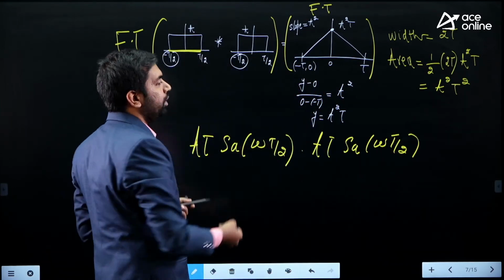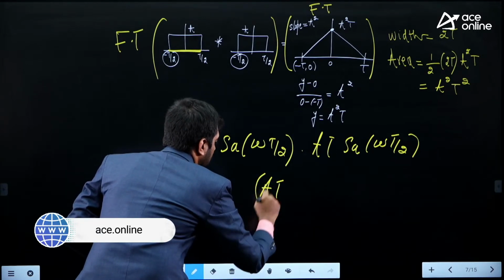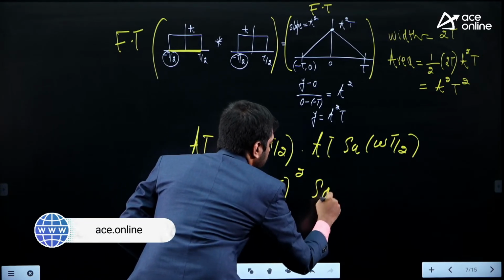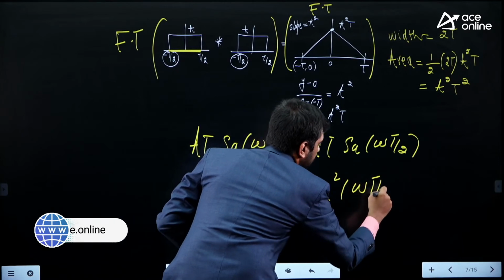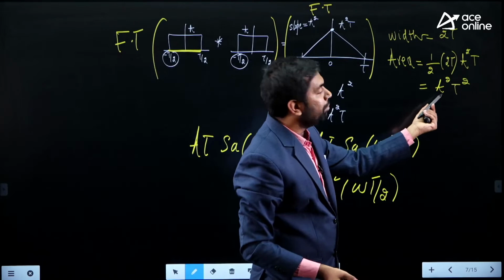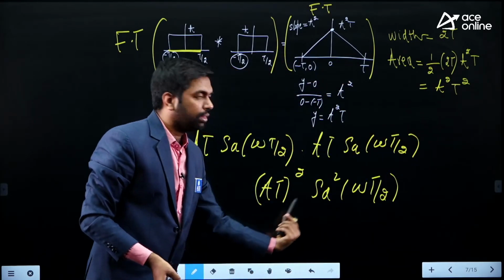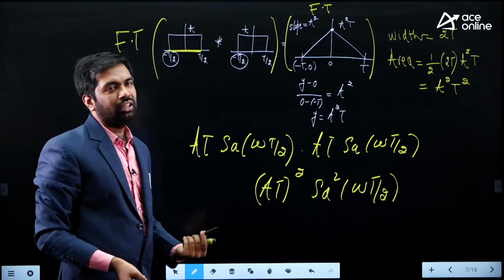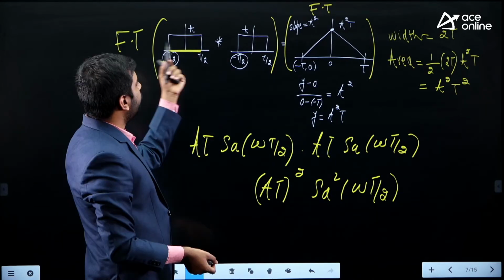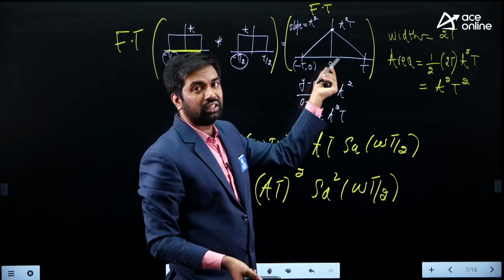AT into AT is (AT) whole square, into Sa square(omega T by 2). Now (AT) whole square, or A square T square, is the same as the area of the triangular pulse. So finally I got the Fourier transform of the triangular pulse, because we applied the Fourier transform on both sides. You got this expression.